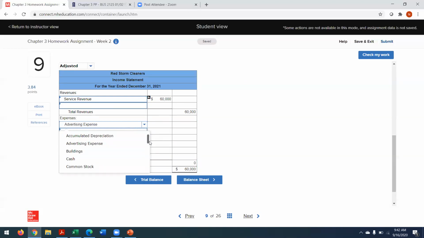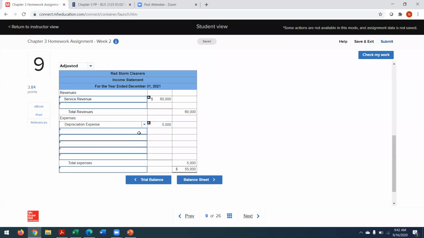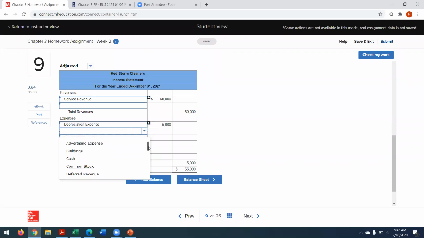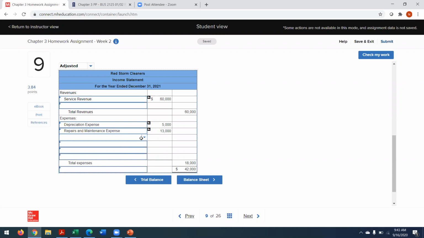What do I have? I know I have supplies expense, depreciation expense, salary expense, repairs and maintenance expense.